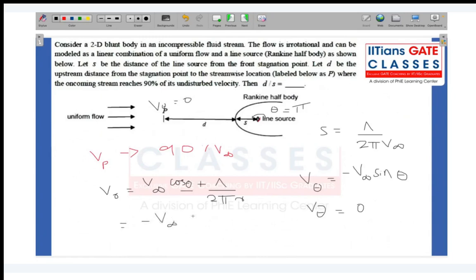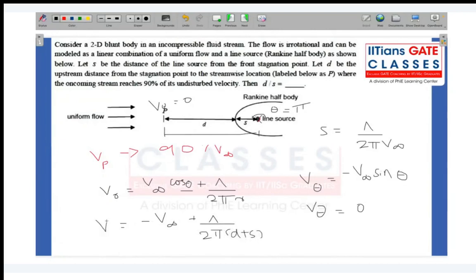Here r is the distance from the origin to point P, which is d plus s. So this is kappa by 2 pi into d plus s. This is my V R at that location.